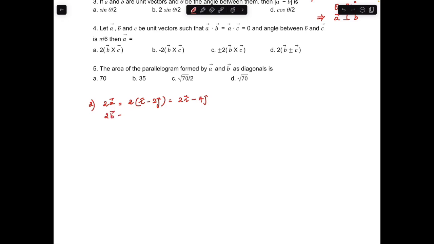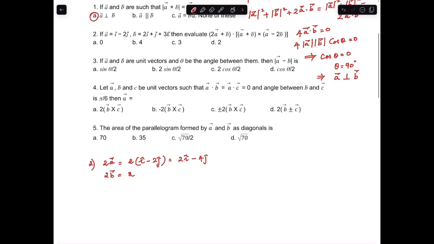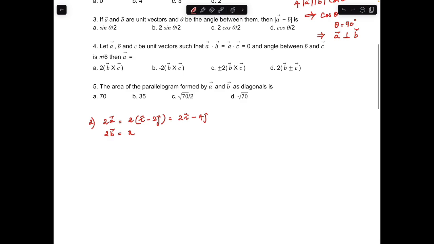Same way, 2 times B vector is 2 times 2I plus J plus 3K, which is 4I plus 2J plus 6K.